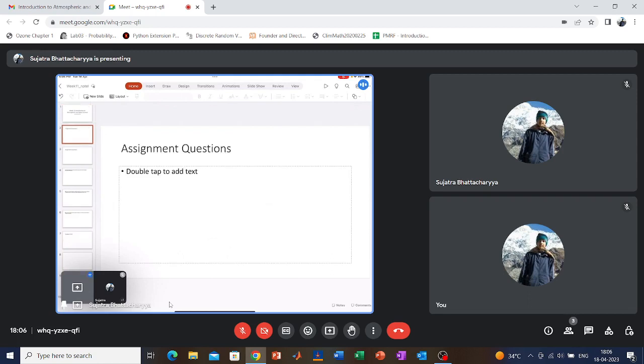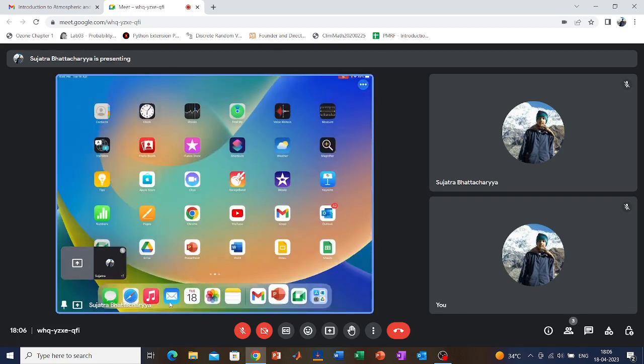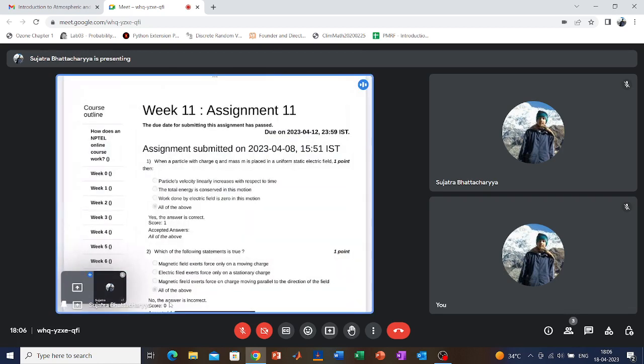Therefore let us start with the assignment questions and see what the questions are. This is the assignment 11, corresponding to the week 11.